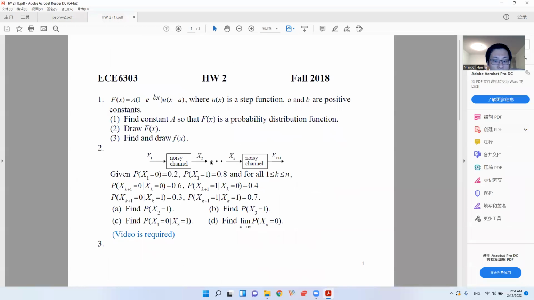And part B asks to find the probability of the third, i.e. there are two noisy channels, a signal input, and at the end of the second noisy channel is the output.